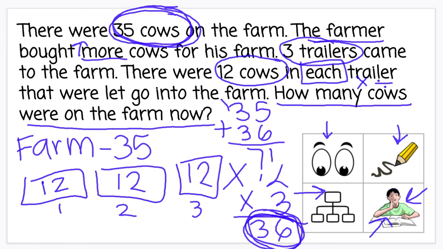My question asked me how many cows were on the farm now. I figured out, after adding those numbers, that there are 71 cows on the farm now. I have answered the question, and I've checked for reasonableness. Now you'll have the chance to practice our 4-step method to solve some word problems.